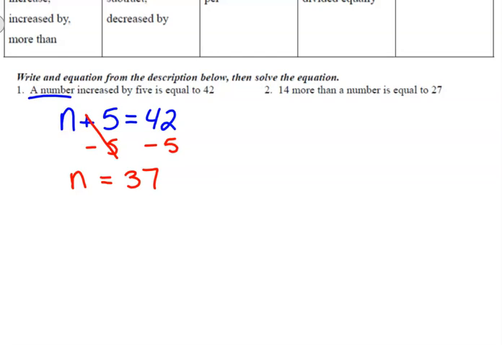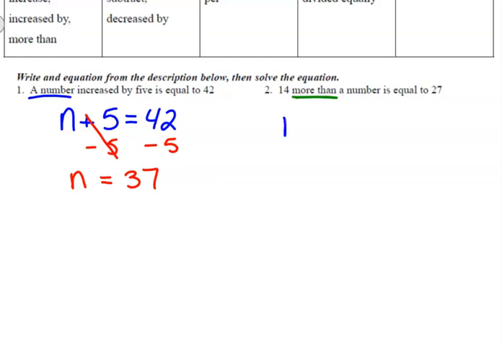So 14 more than a number is equal to 27. One of the keys when you have this phrase more than is it means we're adding to something, but we want to put that something first, right? If you have $5 more in your wallet, you added 5 to whatever was already in your wallet.